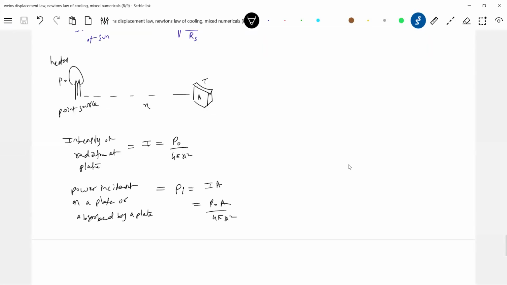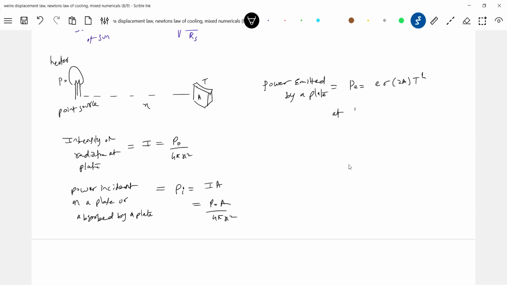Then for thermal equilibrium, power emitted by the plate should be equal to E sigma 2A T to the power of 4. Why two areas? Front and back, but power is incident only on one face.